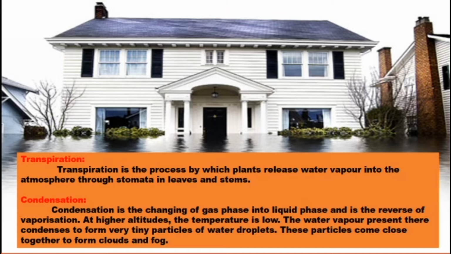Condensation. What do you mean by condensation? Condensation is the changing of the gaseous phase into the liquid phase and is the reverse of evaporation. What happened? Gases become liquid. Normally liquid becomes gas, but this is the reverse.